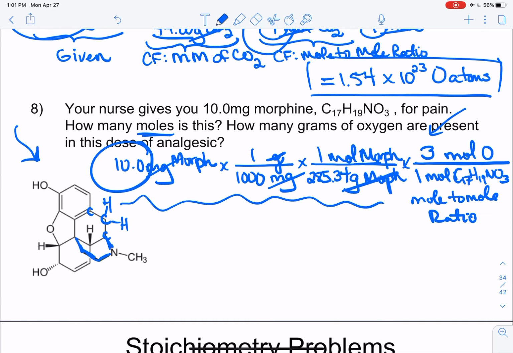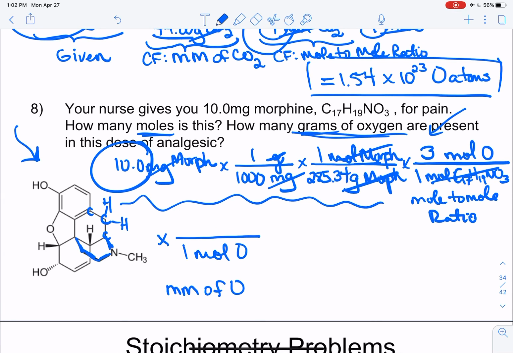Okay, so now we've gotten rid of moles of morphine and we are in moles of oxygen. And the question asks us for grams of oxygen. So when we're in moles and we need to go to grams, what conversion factor do we use? So I'm just gonna keep on going with the rest of the problem down here. So moles to grams or grams to moles, what you're gonna need is the molar mass. So we're going to go ahead and write in every 1 mole of oxygen, and that's the single oxygen, not the O2 molecule.